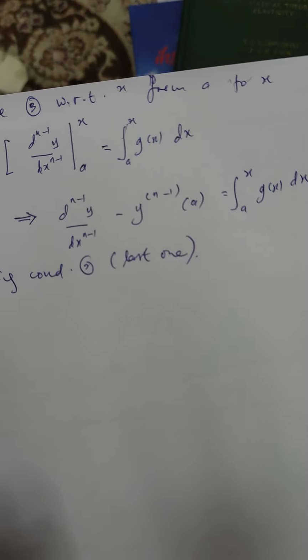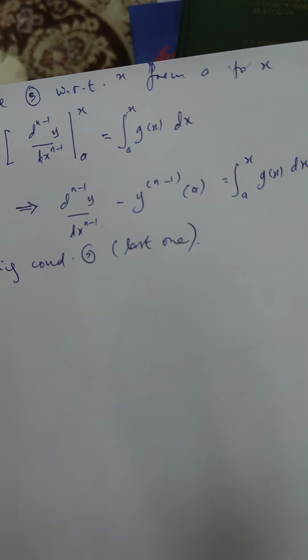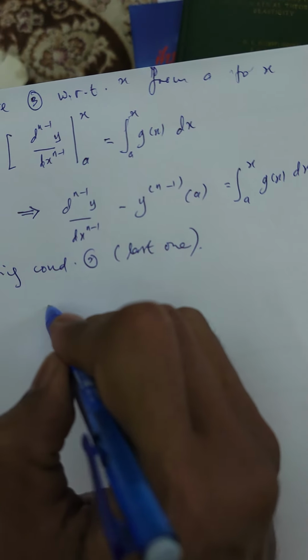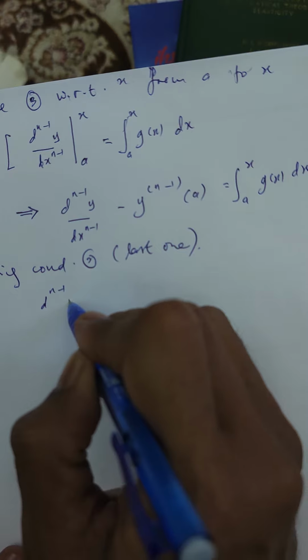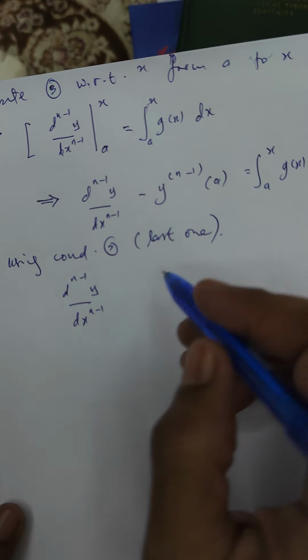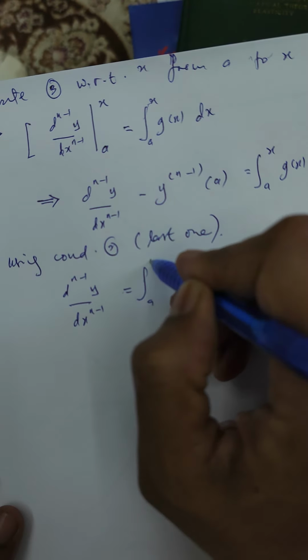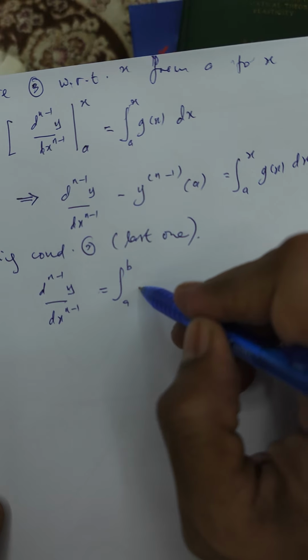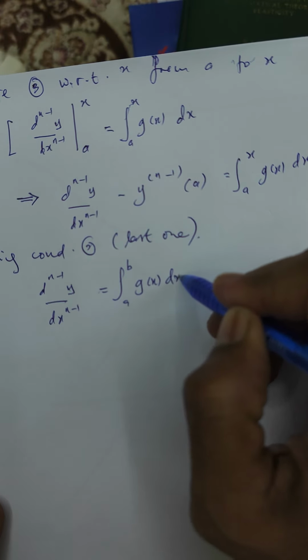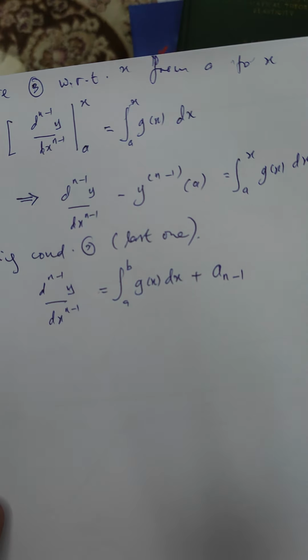We substitute this into the equation here. So what we have is d^(n-1)y/dx^(n-1) equal to, bringing it to the right side, the integral from a to x of g(x) dx plus a_(n-1).